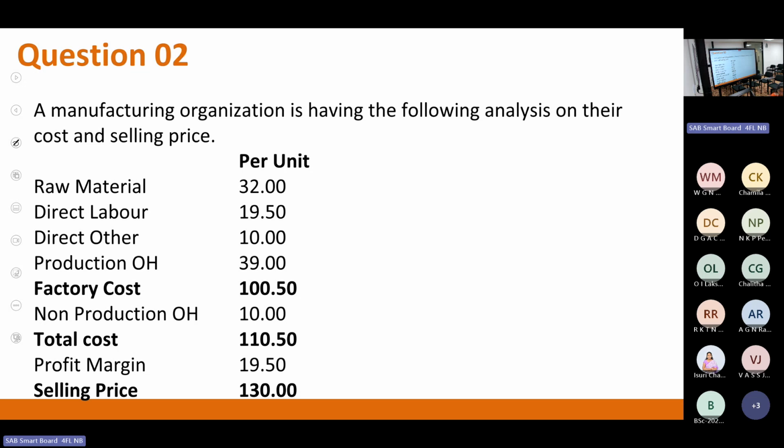Raw material cost per unit is given as 32, direct labor 19.5, direct other 10, production overhead 39, factory cost 105, non-production overhead 10, total cost 110.5, profit margin, and then the selling price is 130.